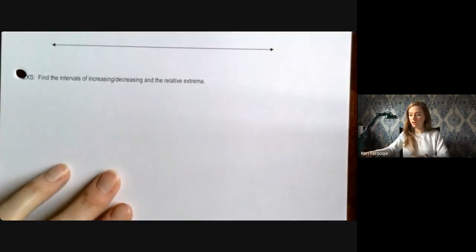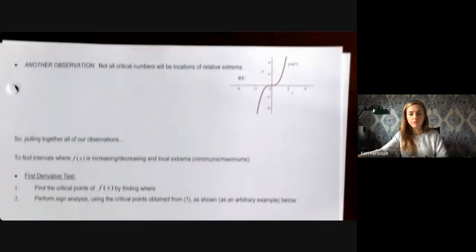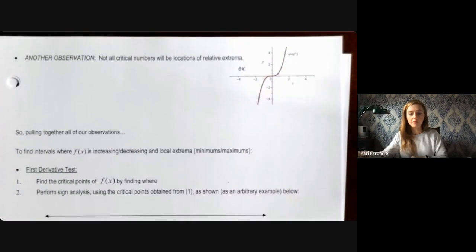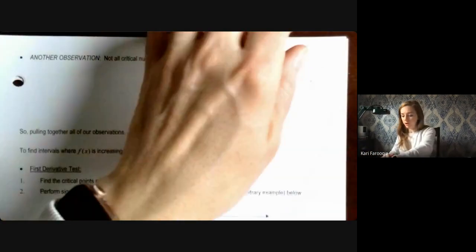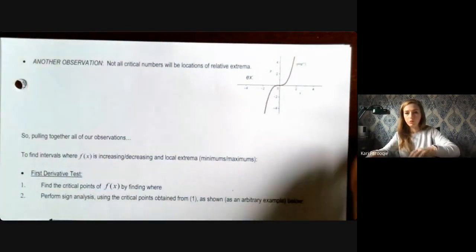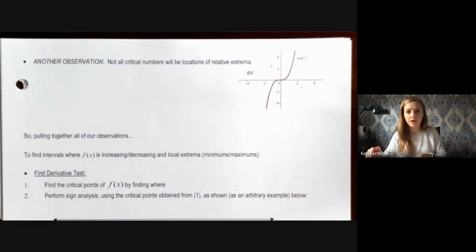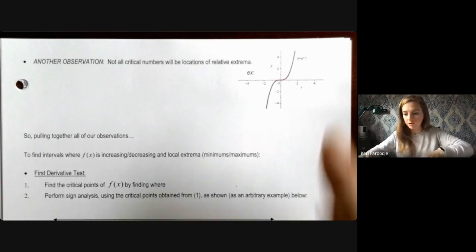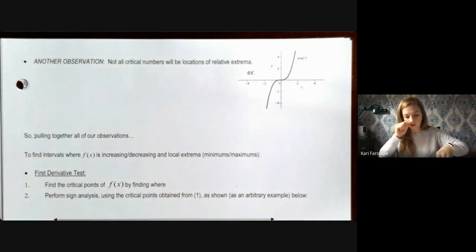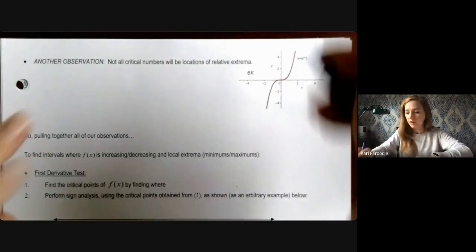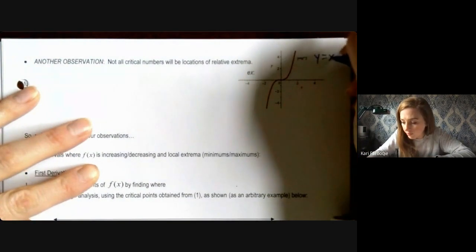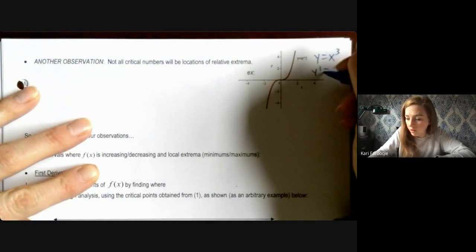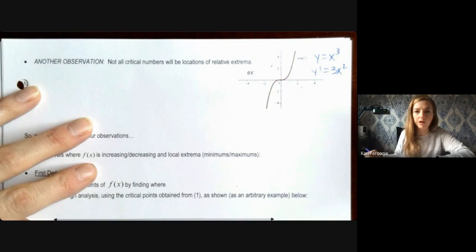Now, another observation is that not all critical numbers will be relative extrema. You're going to come across this pretty often when you're dealing with polynomials and rational functions. This graph, sorry, I know it's a little hard to read, but you have it in your notes. It says y equals x cubed. Well, if y equals x cubed, y prime is 3x squared.